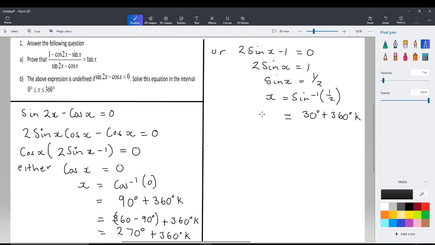And from the general solution, it can also be equal to 180 minus alpha. In this case, alpha is 30 plus 360k, which means it can also be equal to 150 degrees plus 360k.